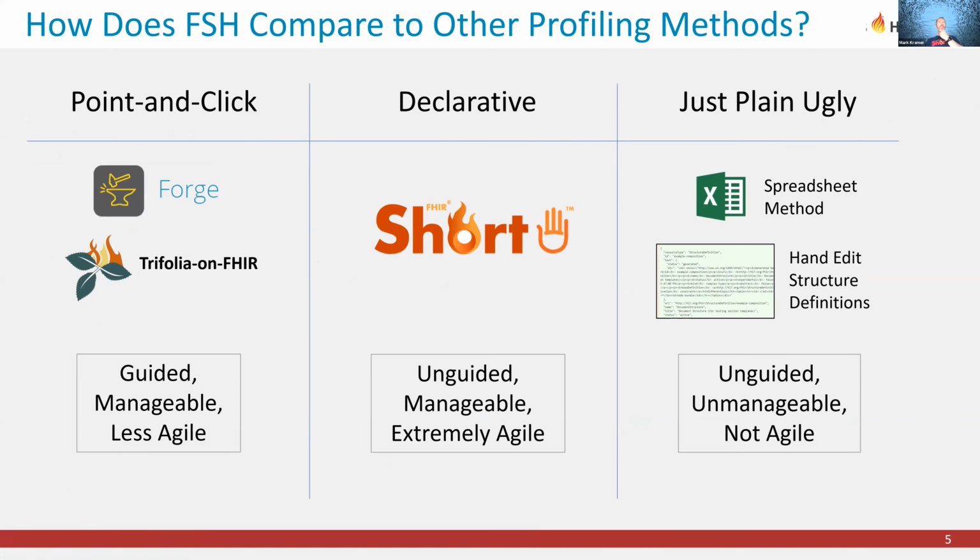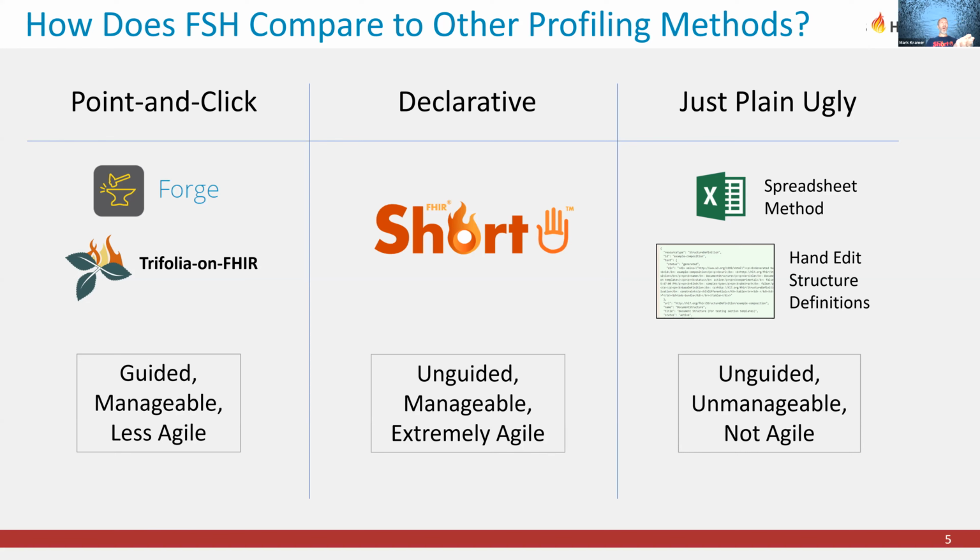So how does FHIR Shorthand as a method of creating FHIR profiles, extensions, and other artifacts like that compare to other profiling methods? Well, I know of 5 different methods of profiling, including FHIR Shorthand. And I classified them as point and click methods, declarative methods, and just plain ugly. The point and click methods, a lot of people use Forge or Trifolia.